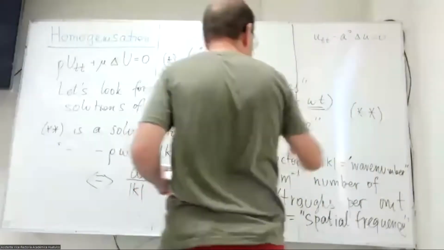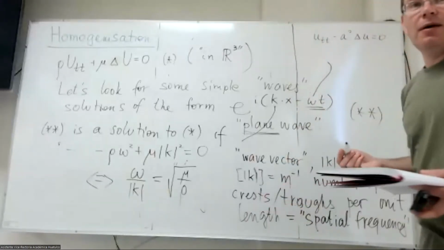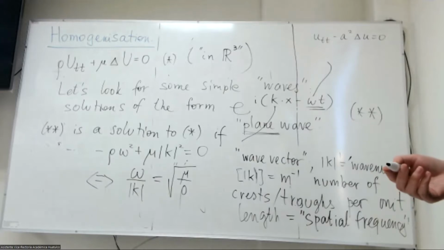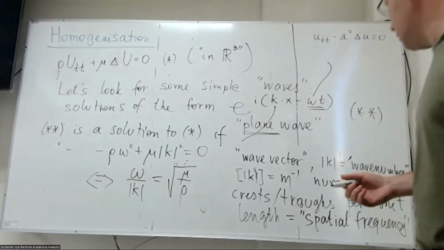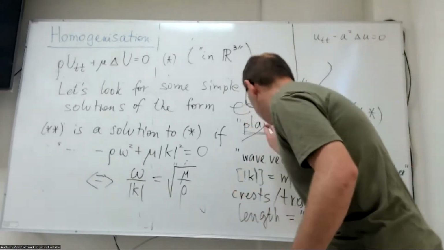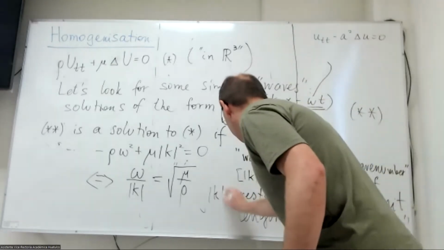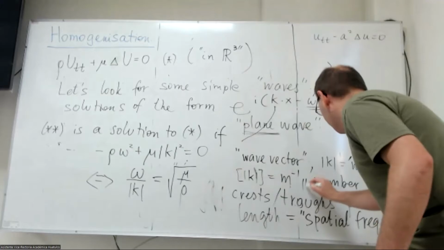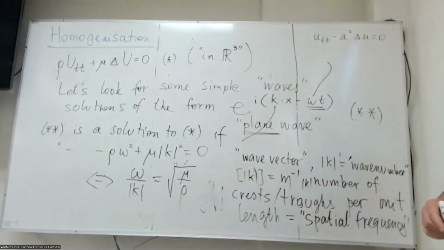Whereas omega is a, yeah, this is exactly it. The modulus of k is the number of crests or troughs.